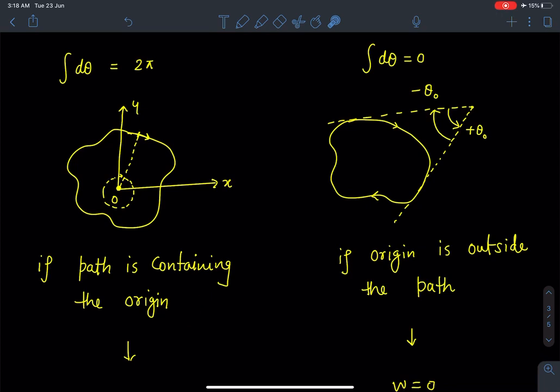Similarly, if the origin is outside this path, then for one part of the path the angle will be positive, say plus theta naught, and for the remaining part the angle will be minus theta naught. So overall, integral d theta will become 0 if the origin is outside the path.